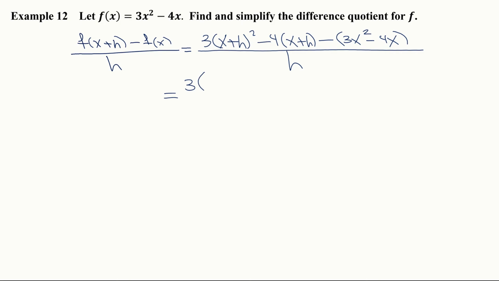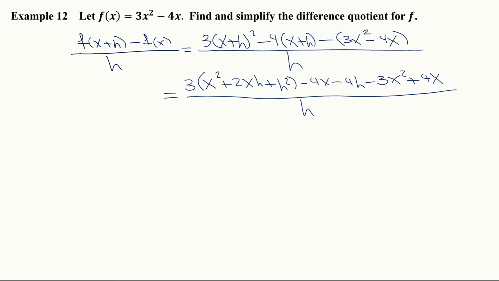So we get x squared plus 2xh plus h squared, right? Let's distribute the negative 4, so we get negative 4x minus 4h. We're going to distribute this negative 1 here, invisible 1, so we get minus 3x squared plus 4x all over h, right?